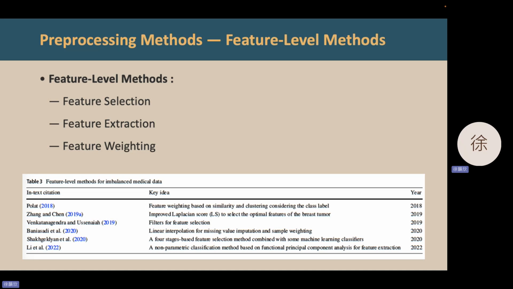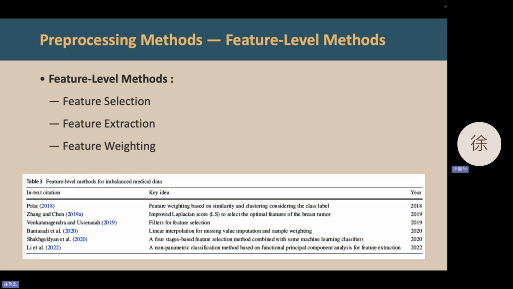It can assign different weights to different features. And the third is feature extraction, especially when dealing with high dimensional data, and to reduce the dimensionality of the data, particularly when addressing the challenges of class imbalance.